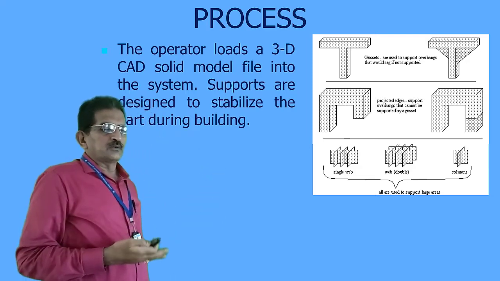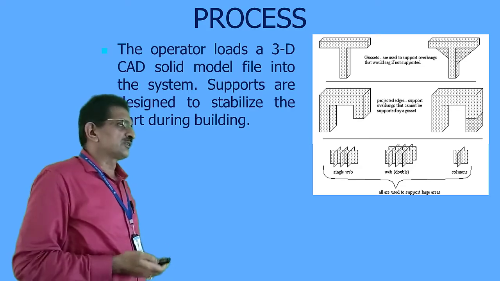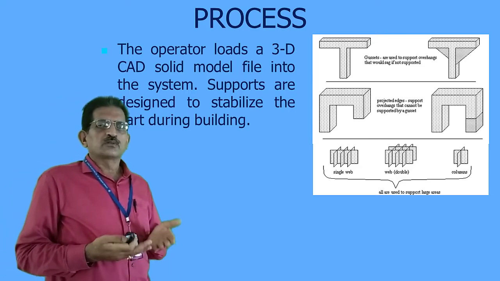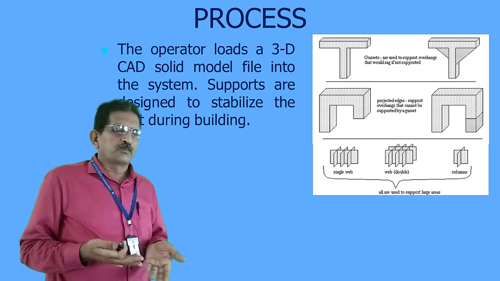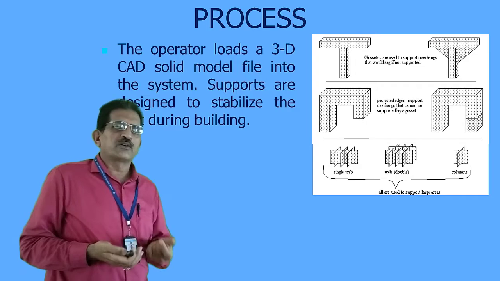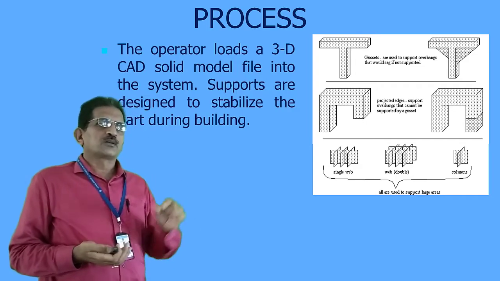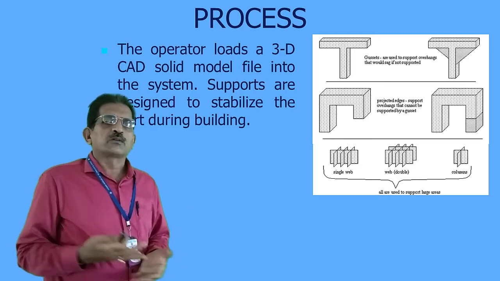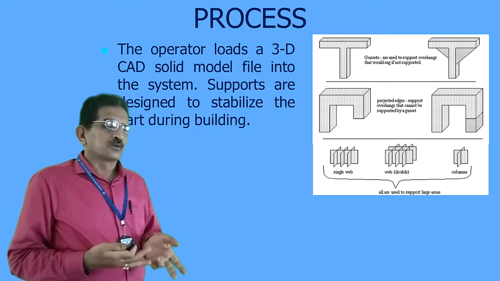You choose the cross-section thickness, from 0.025 mm, that is 25 microns, to 0.5 mm. When you want finer layers, it takes more time but the quality will be good. When you go for rough, it takes less time, but the quality is not as good.